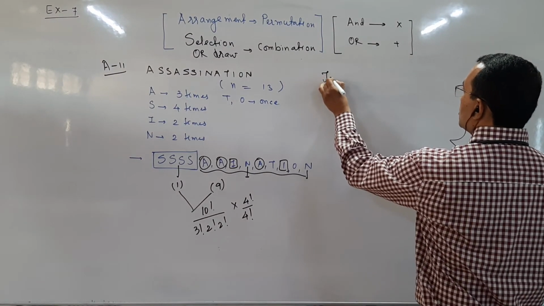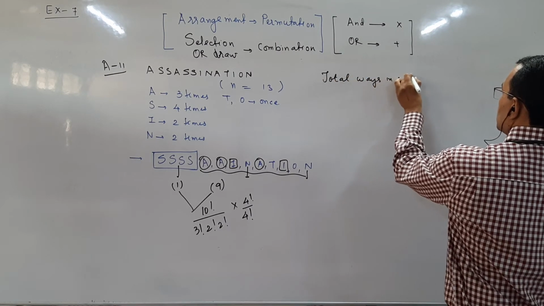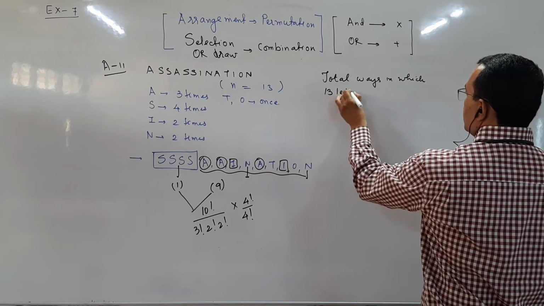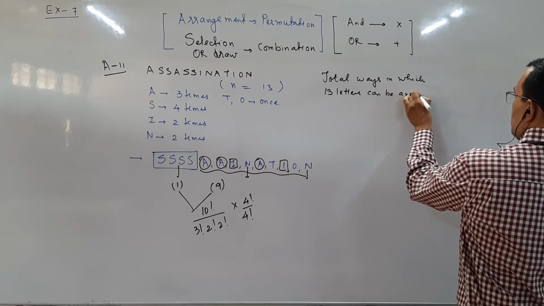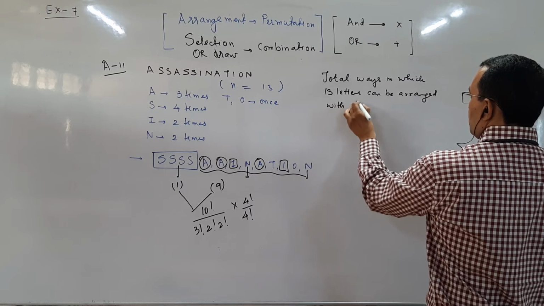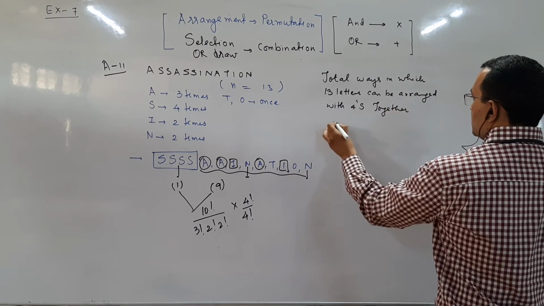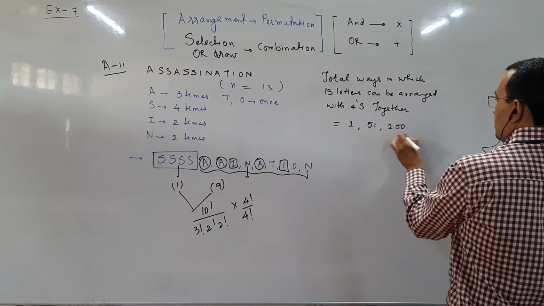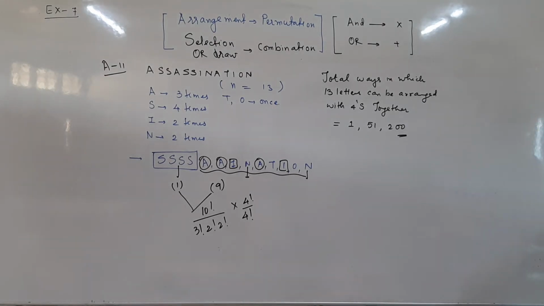So, total ways in which 13 letters can be arranged with S's together is equal to 1,51,200. A huge figure, students.